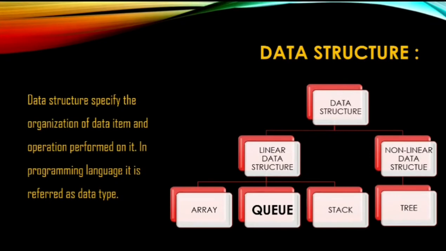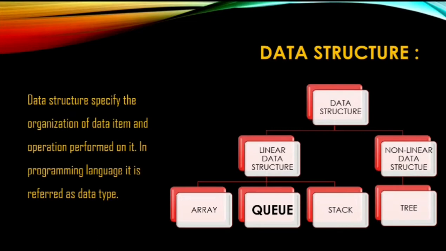Now, first of all, a short revision of data structure. I told you earlier, data structure is a proper organization of data elements which we are supposed to arrange in a memory.